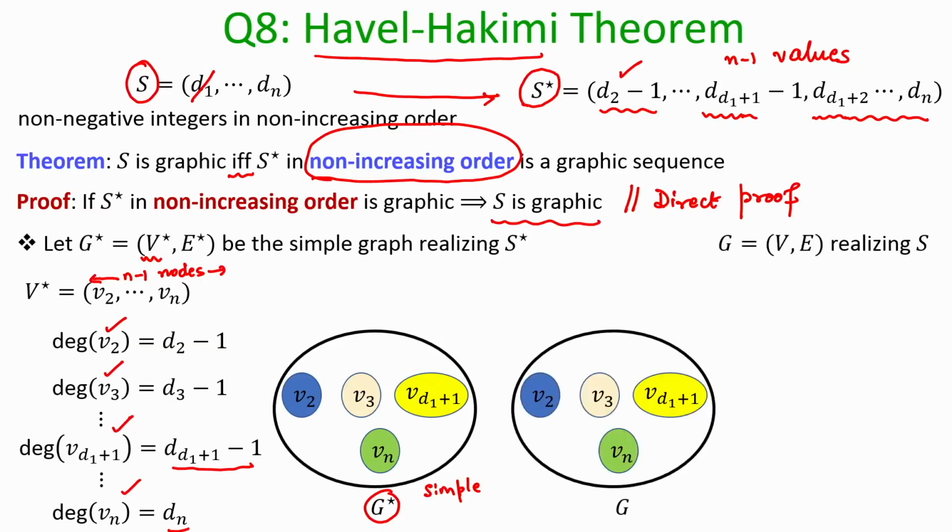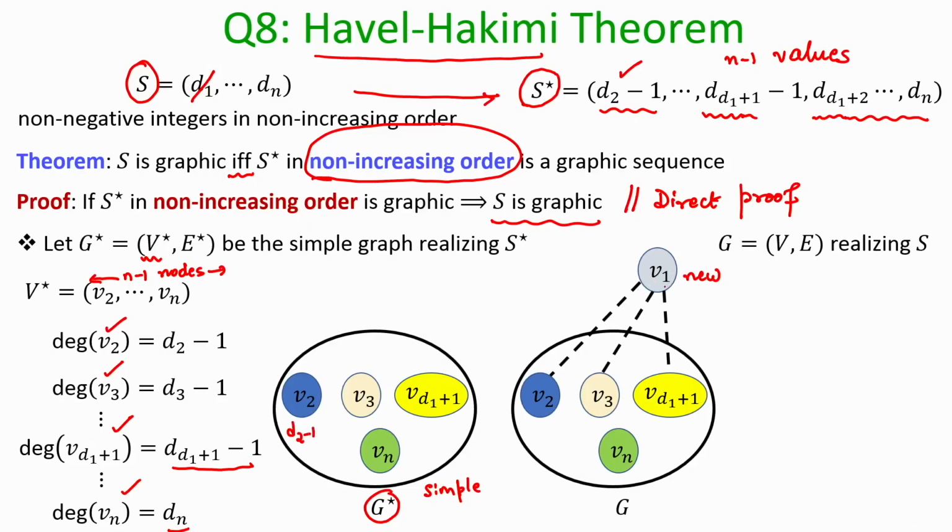I take a copy of G star as it is, and since I have to give a graph which has n nodes, but since I have taken the graph G star, I currently have n minus 1 nodes. So, what I will do is I will now include a new node, call it V1, and I have to give some edges to this vertex V1. So, what I do is I add the edge between the vertex V1 and the vertex V2 which had earlier degree d2 minus 1.